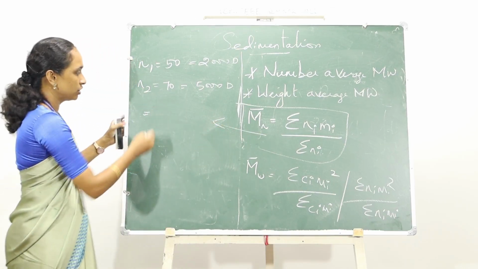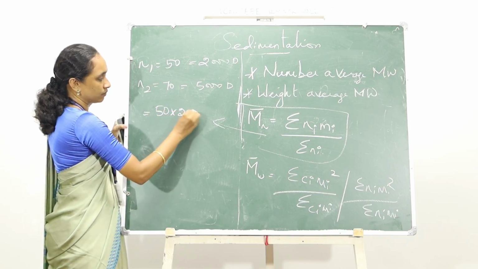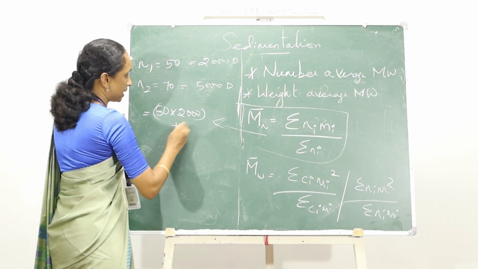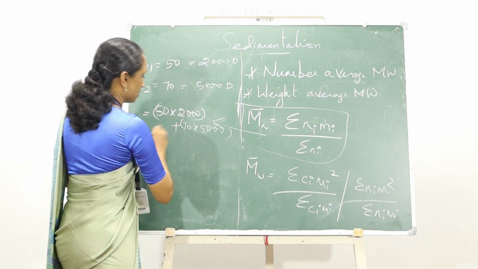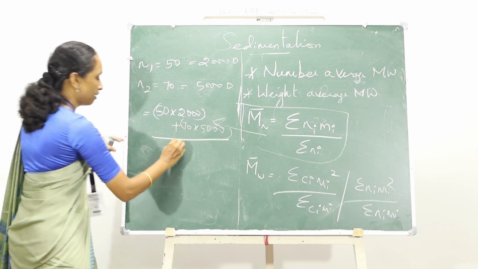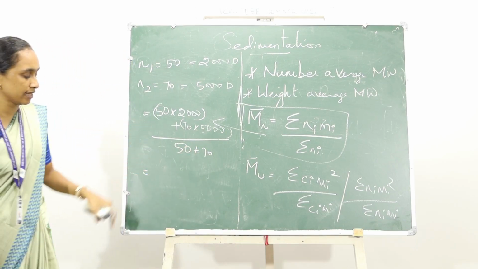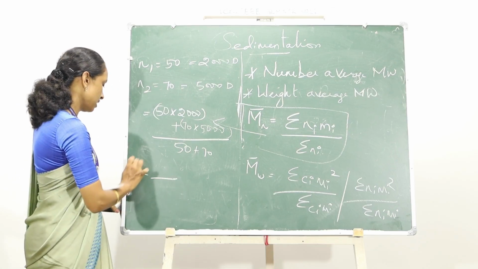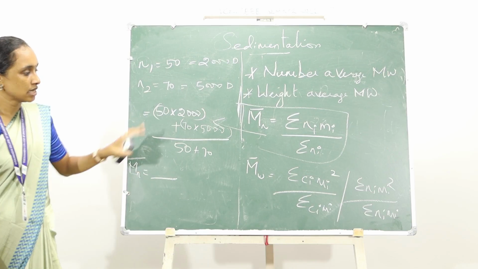So when you substitute, it is 50 into 2000 plus 70 into 5000 by 50 plus 70. When you solve, you will get the answer, that is Mn, the number average molecular weight.